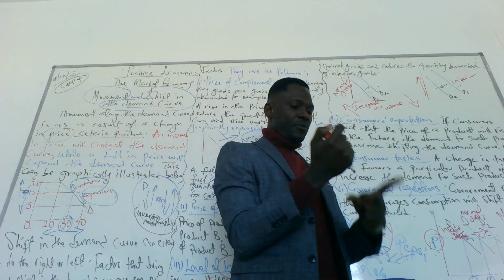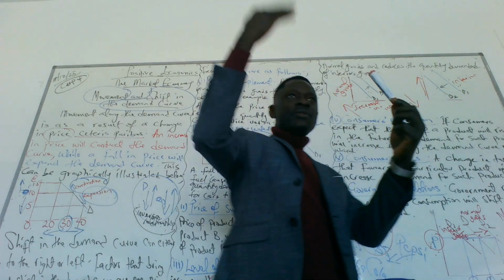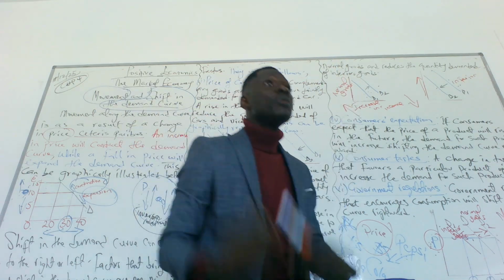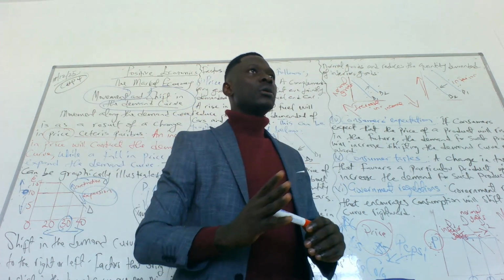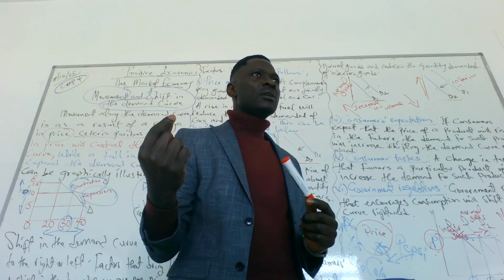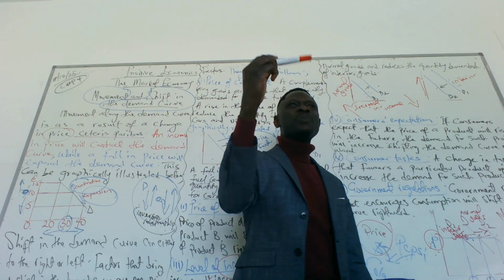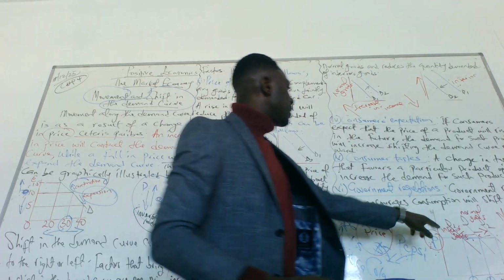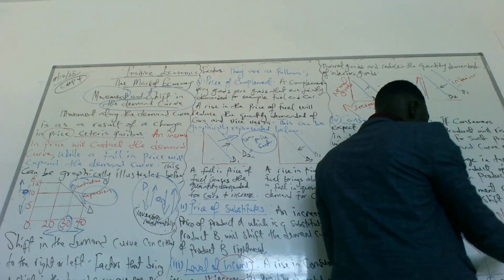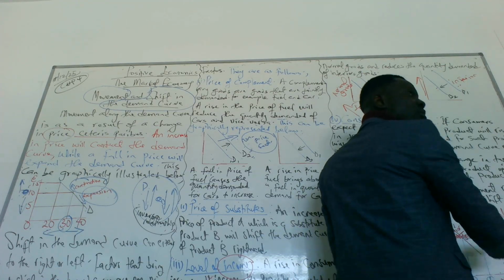If it is expected that the price of this marker would increase in the future, we buy more now instead of waiting for the price to rise in the future. Do you understand the point I'm making or not? So if the price of a product is expected to rise in the future, the demand for the product would increase now, shifting the demand curve rightward from D to D2, because the quantity will increase from Q to Q2.